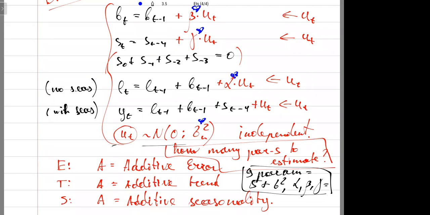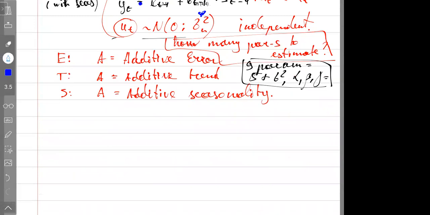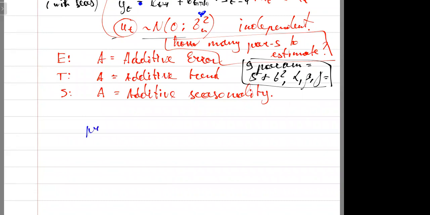So what is the logic behind the procedure? When you have real data, you observe y1, y2, y3, yt.